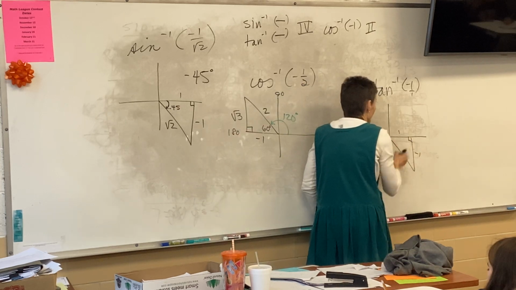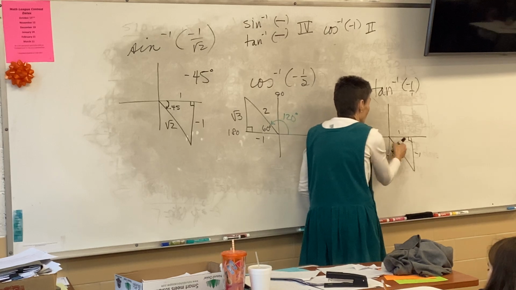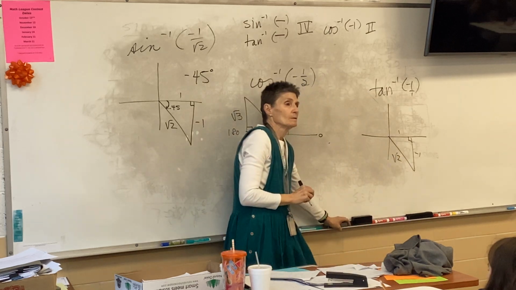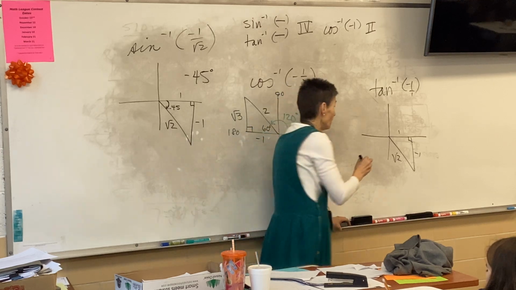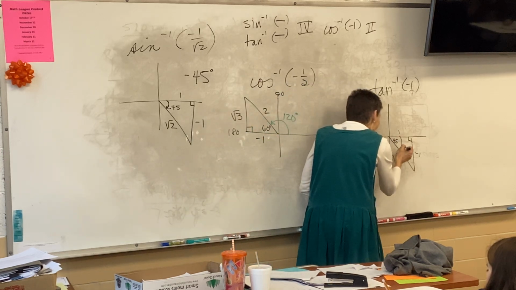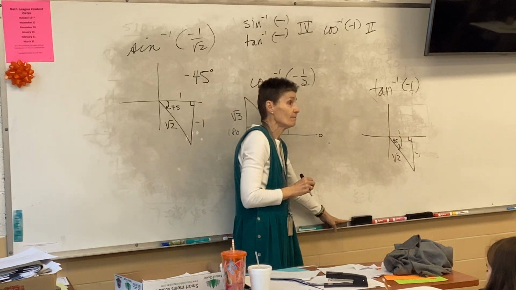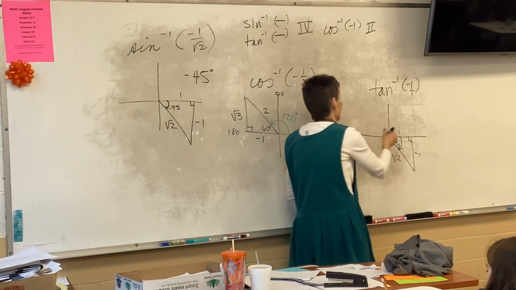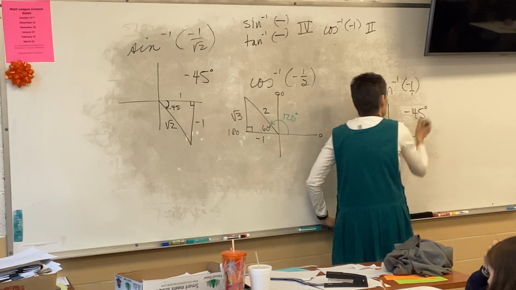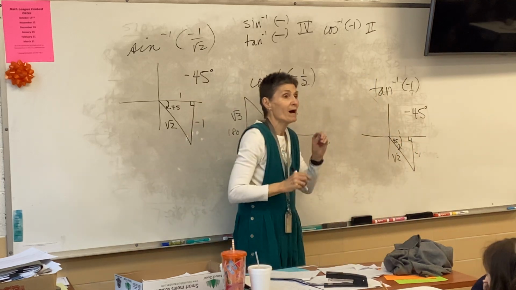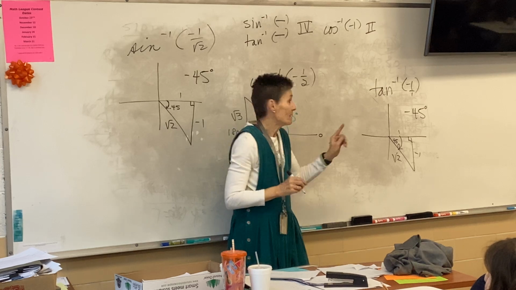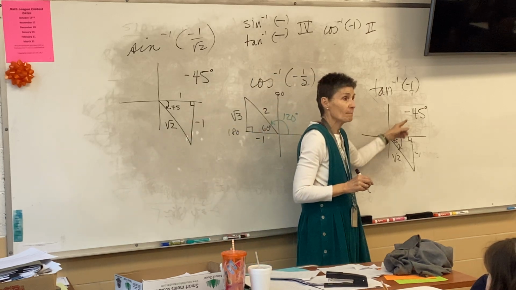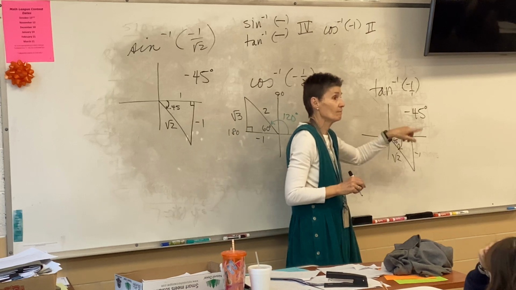So negative 1/1. How big's my angle? 45. But since I came down to make that 45, negative 45. If you told me it was positive 45, that would be up here, right? So it can't be up there, it has to be down here, negative 45.